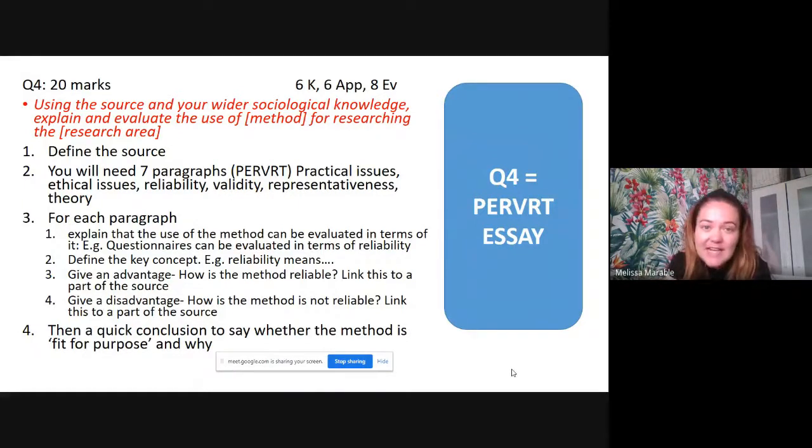So for validity, reliability, ethical, practical, you have to talk about strengths and weaknesses of the research method. Now, the second R stands for representativeness. How representative is your sample of the wider population that you are researching? So let's say, and I'm using this example of motherhood of 30-year-old women, I've literally spoken to my group of friends, and in my group of friends, they're all white, they're all atheist, they're all middle class.